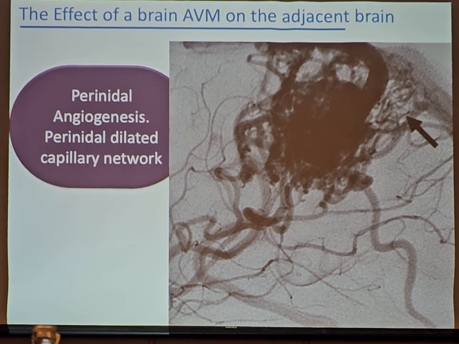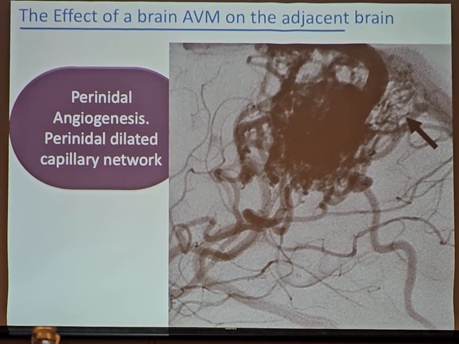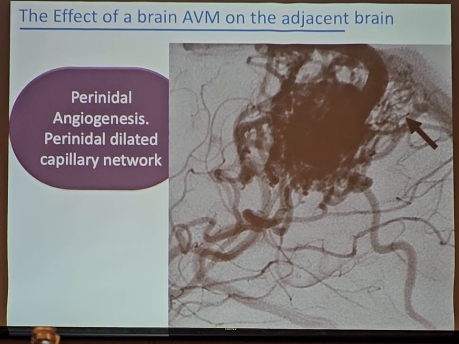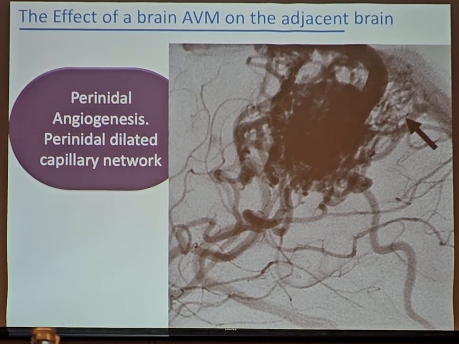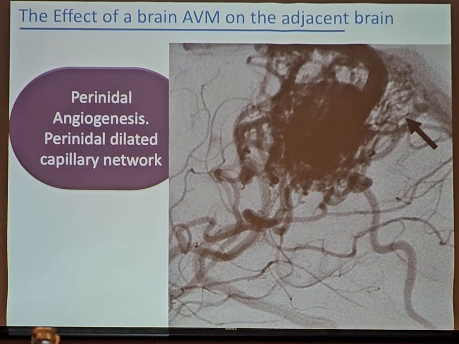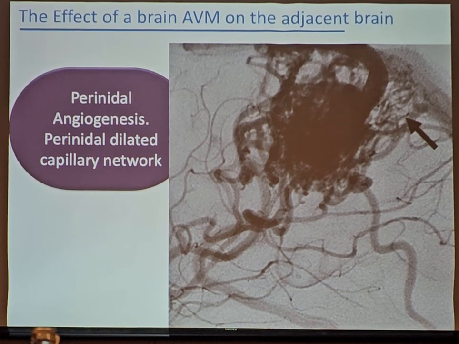So this is called perinidal angiogenesis, and it's of importance to realize this because these vessels are VEGF induced. And those of you who are neurosurgeons know that surrounding a brain AVM, there are often the so-called angry red vessels, i.e. those vessels that, when you just touch them or look at them, start to rupture.